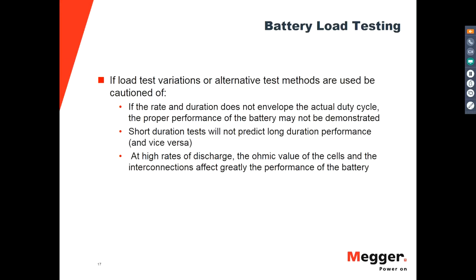Long duration tests will not predict short duration performance. The reason for this is that at high rates of discharge, when you use very high currents to discharge and you want to make a short test, then the ohmic value of the cells and the interconnections will greatly affect the performance of the battery. So there's an efficiency factor in the cells that should be considered when selecting the rate of discharge.